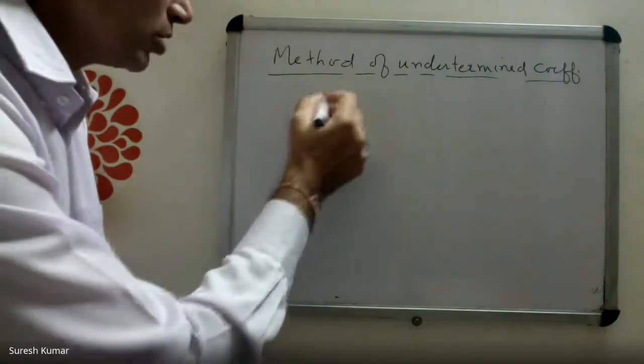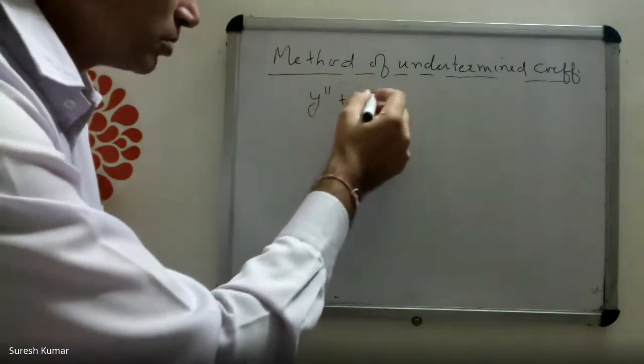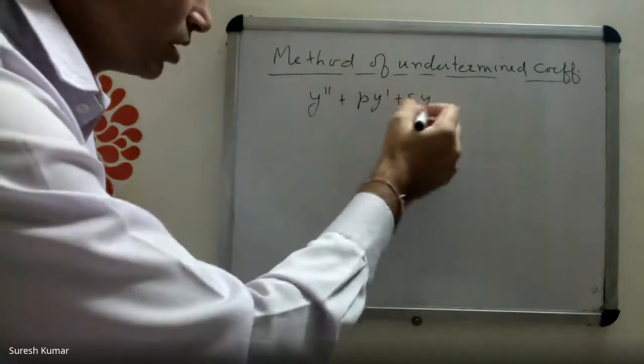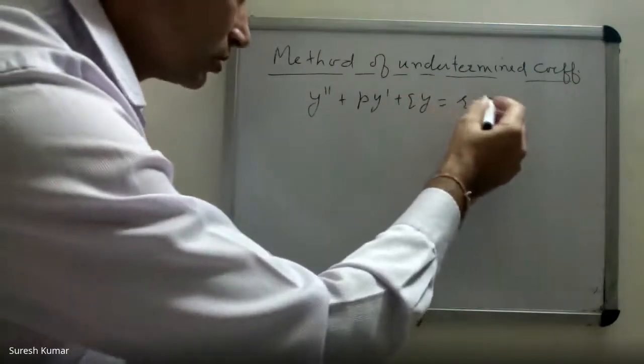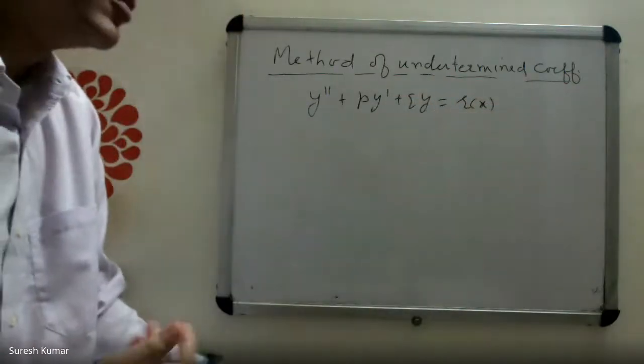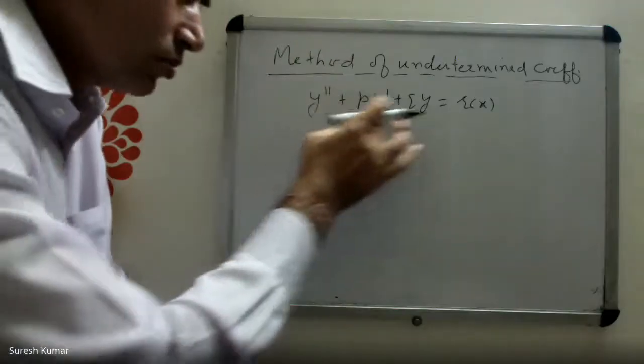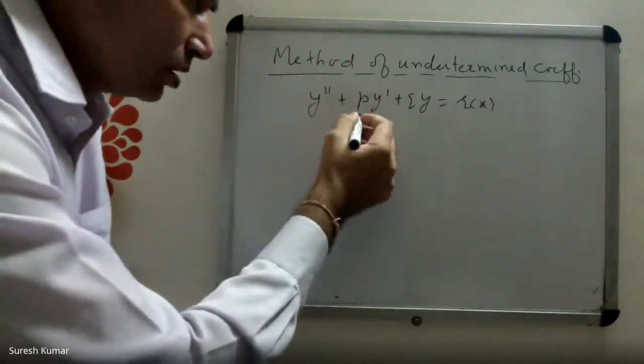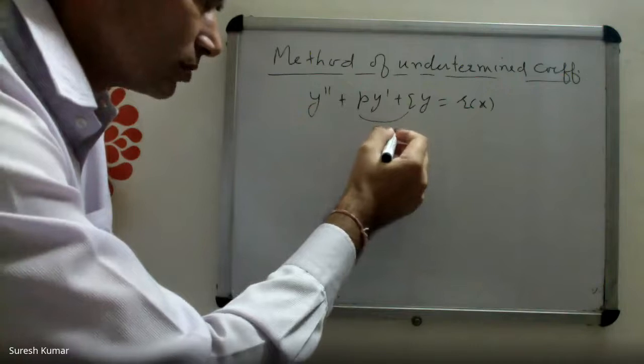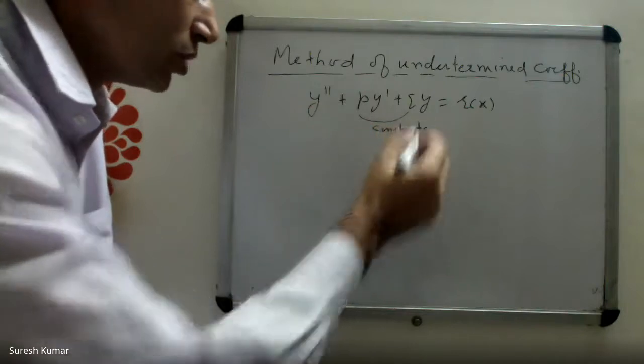The given differential equation is y double prime plus py prime plus qy equal to r(x). This method is applicable to this kind of equation where p and q are constants. Note this point.